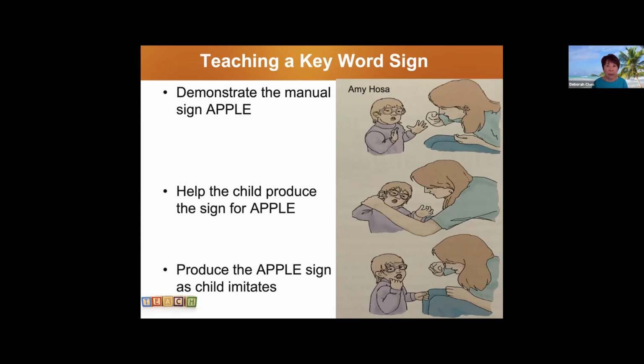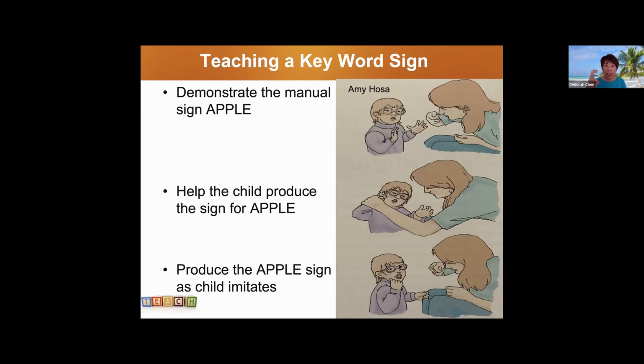Here is an example of a mother teaching a child the apple sign. So this child is motivated because she likes to eat apples. And the apple sign is actually the index finger bent and on the cheek twisted twice, apple, like the number of syllables.